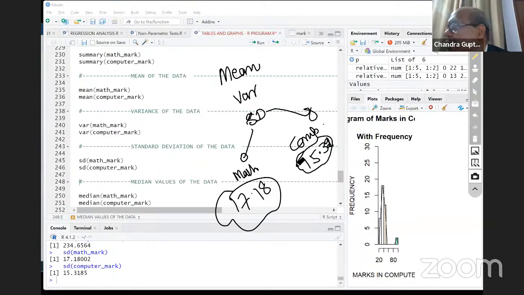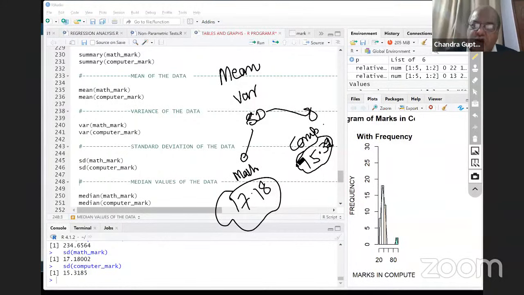Why do you want maximum variation? Because it will give me the difference between students. Okay. Right.